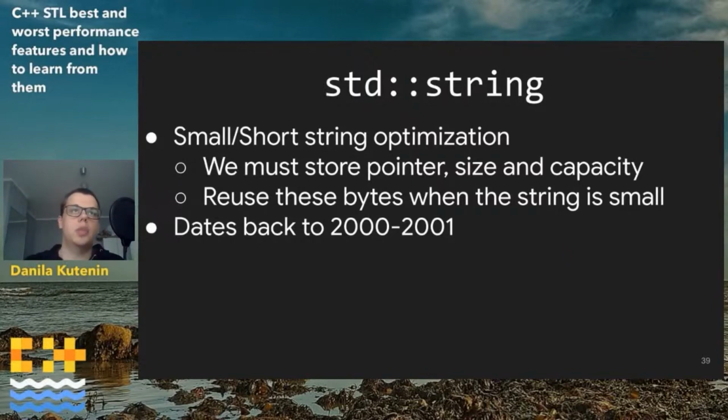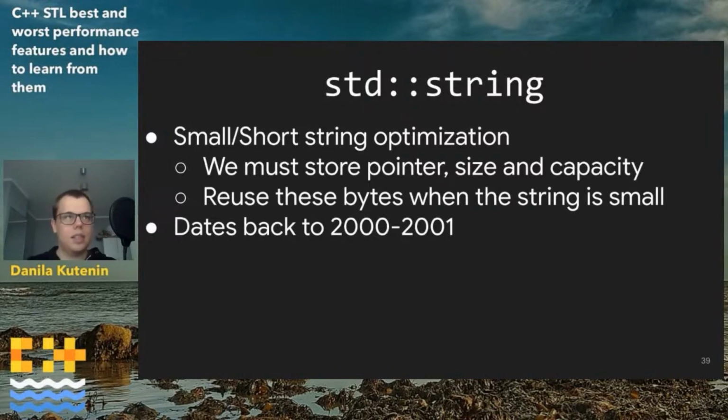Small string optimization briefly just reuses these bytes when the string is small. So we don't need to allocate, for example, 6 bytes. We can store the size in 1 byte, the capacity in another byte, and 6 bytes adjacent to it. So we might only need to use 8 bytes, and we should not allocate memory.